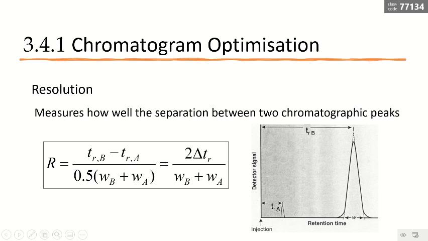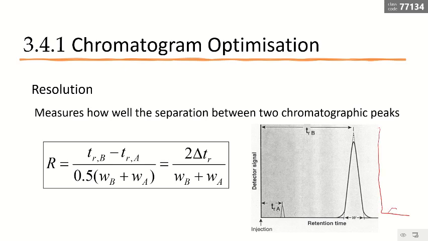One more term we need to know is called resolution. It means separation; we need to have the resolution because we want to optimize our chromatogram. For example, in this graph here, the first peak is here, the second peak is here. These are quite well separated. But imagine I draw a comparison one.